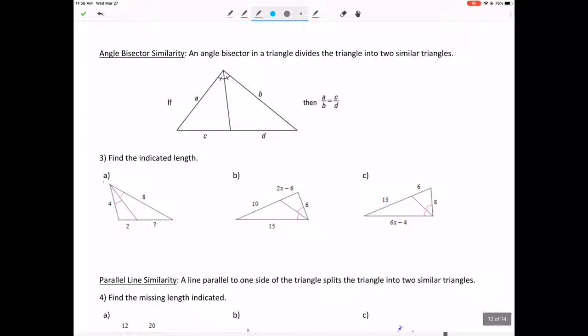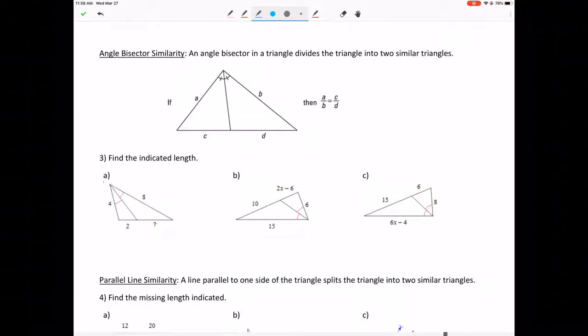All right, so we'll also be having some problems where we'll need to solve similarities. Whenever you have an angle bisector in a triangle, or I'll just read this to you. Angle bisector similarity. An angle bisector in a triangle divides the triangle into two similar triangles.